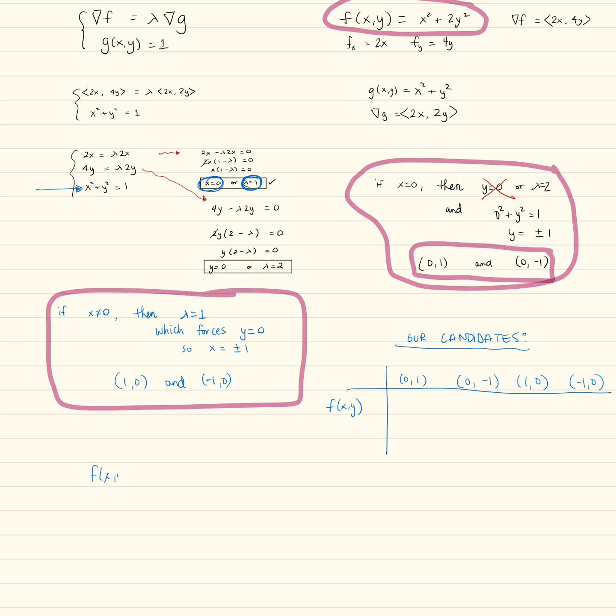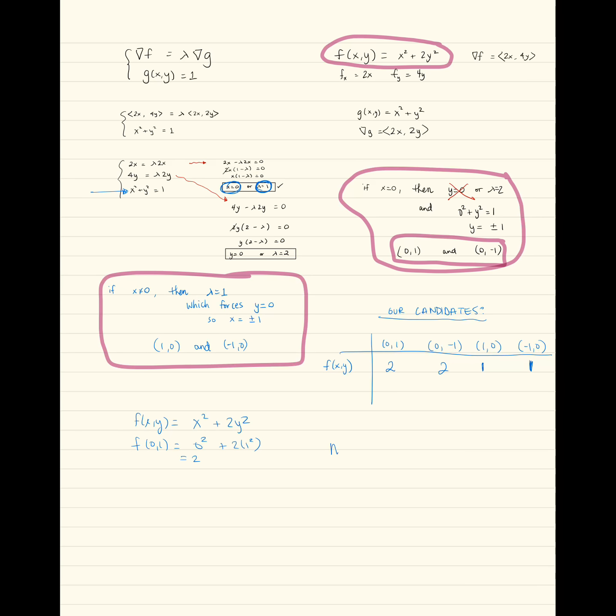Remember, f of x y is equal to x squared plus 2y squared. So f of 0, 1 will be 0 squared plus 2 times 1 squared, which is just equal to 2. So that'll be 2, and that'll be 2. For 1, 0, that's going to be 1, and that'll be 1. So the max of f is 2 and the min of f is 1.